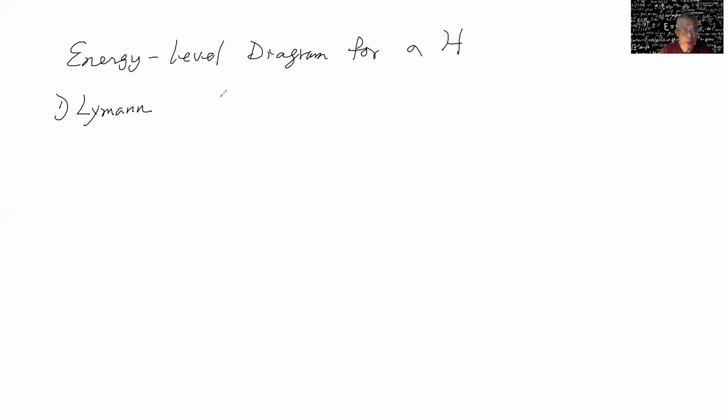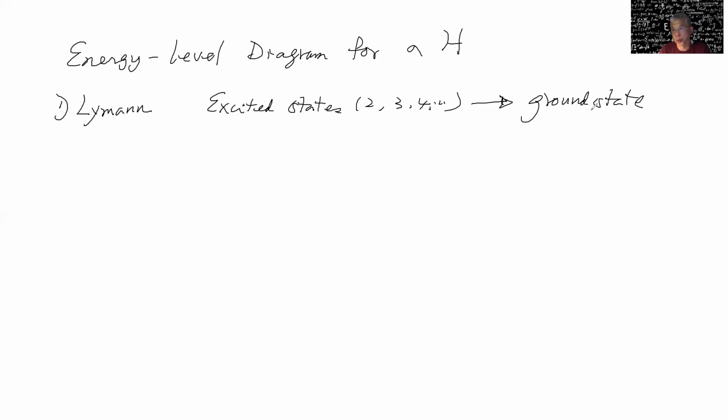This one is from the excited state. The excited state can be 2, 3, 4, and so on, and jump back into the ground state. Since the ground state has less energy and this one has higher energy, when you jump down to a lower energy state, you emit a photon when the electron jumps down from the excited state to the ground state.